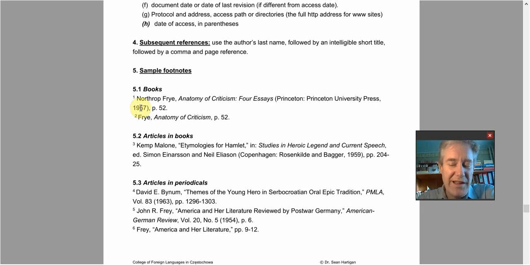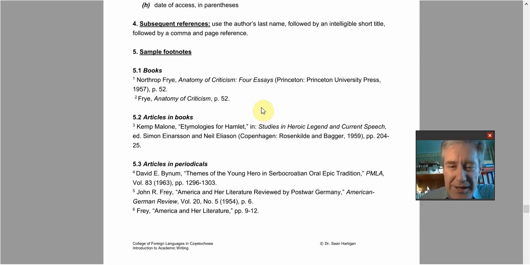If you open a book and look at the first few pages before the actual writing starts, there's all kinds of publication information, usually in the first couple of pages after you open the cover. And so if you look on those pages, you can find all this information usually. The city where it was published, the publishing company, and the year should all be there. So that's the most simple kind of footnote when you just have a book.